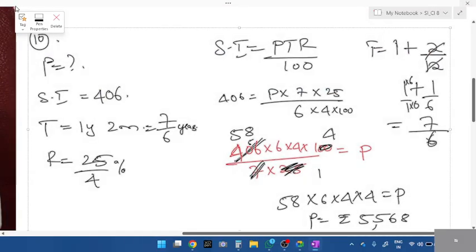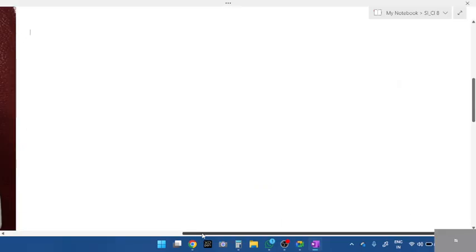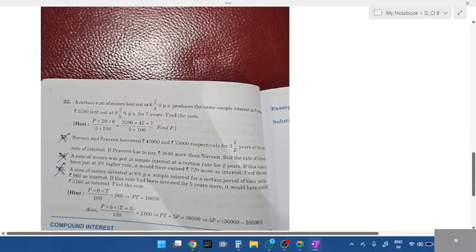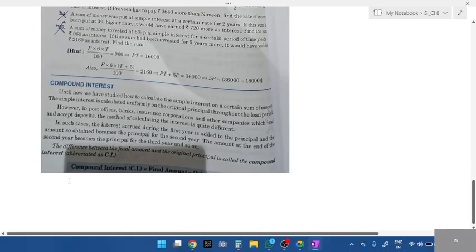So one principal question is done. Principal question is also done. Just the basic one, students. What about compound interest?